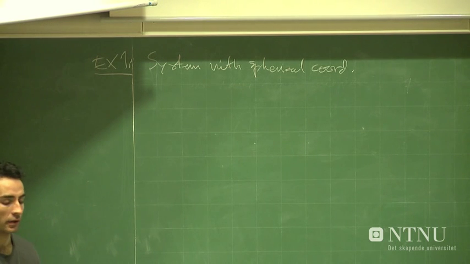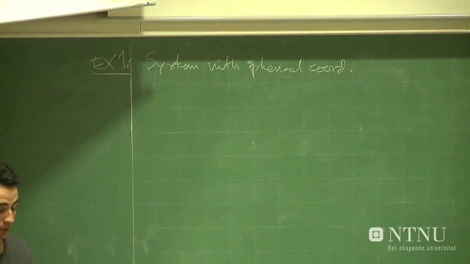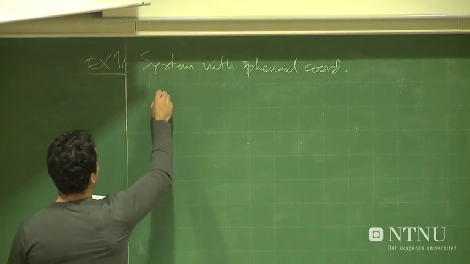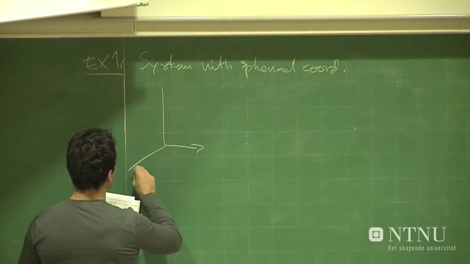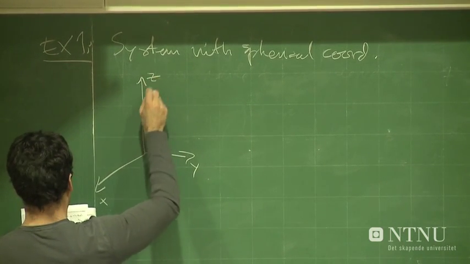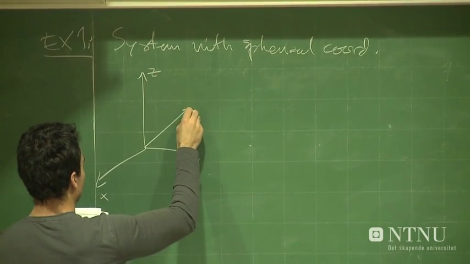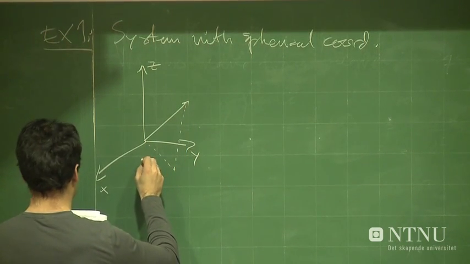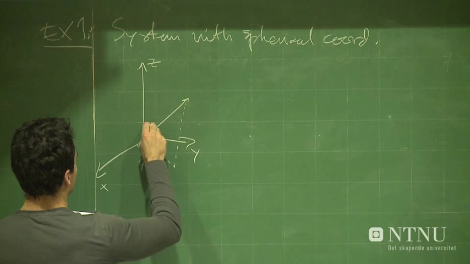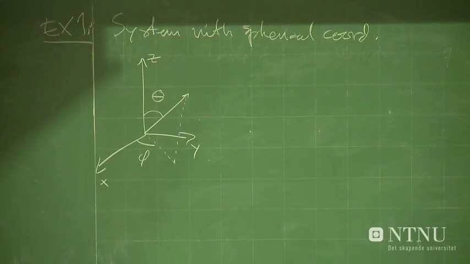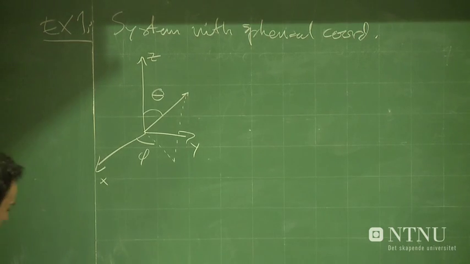And we'll begin with having a look at a system which is described by spherical coordinates. So we have the following coordinate system.